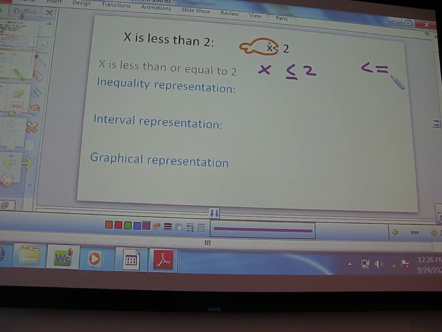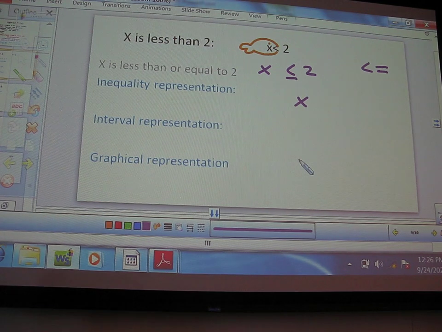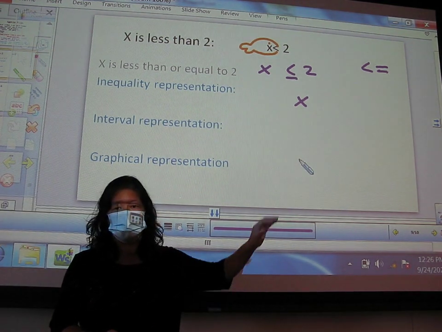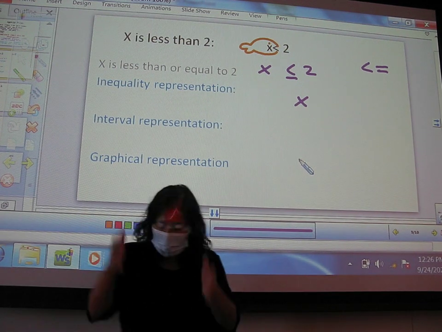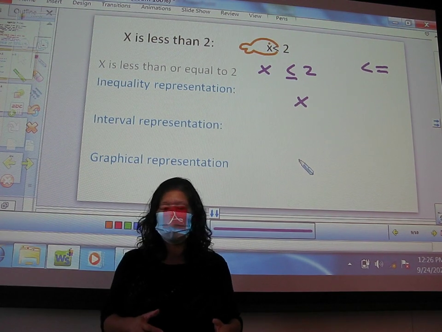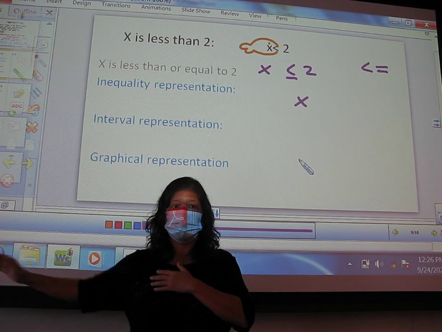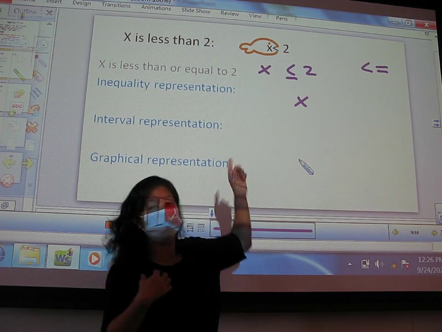It also can be written like this. Here's X. What's bigger than X? 2 is bigger than X. Are you guys kind of with me? So here I'm X. Am I less than 2 or am I bigger than 2? Less than 2.